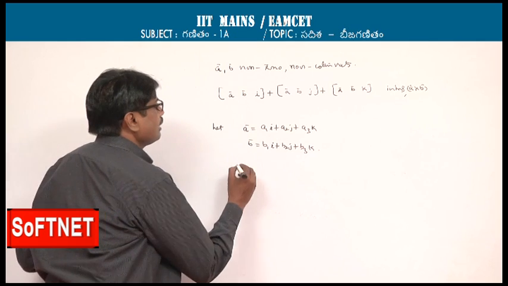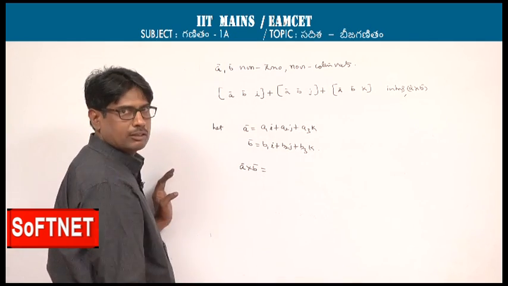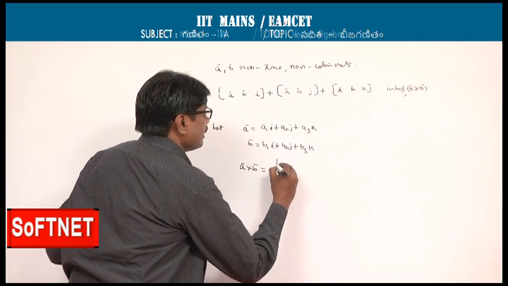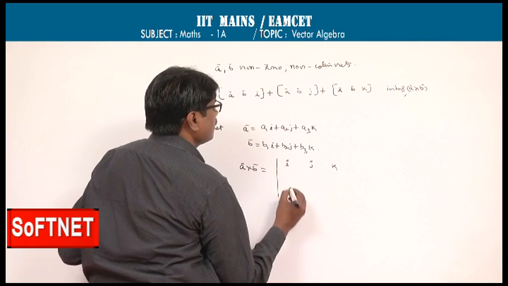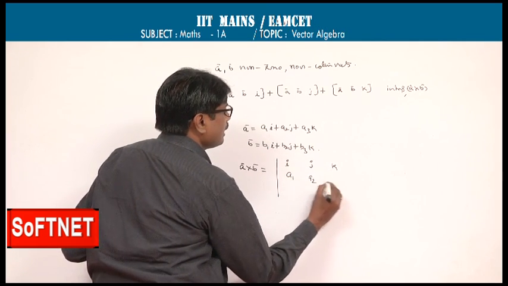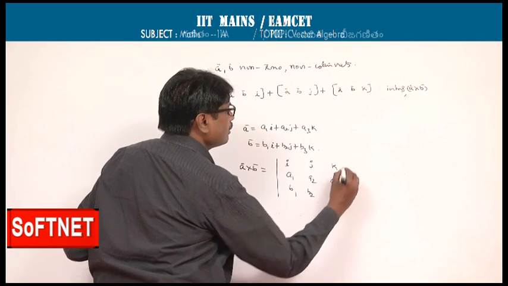Now first we calculate A bar cross B bar, because the resultant answer is expressed in terms of A cross B. A cross B is the determinant with rows I bar, J bar, K bar; A1, A2, A3; B1, B2, B3.